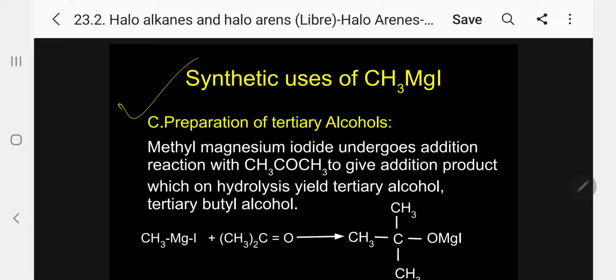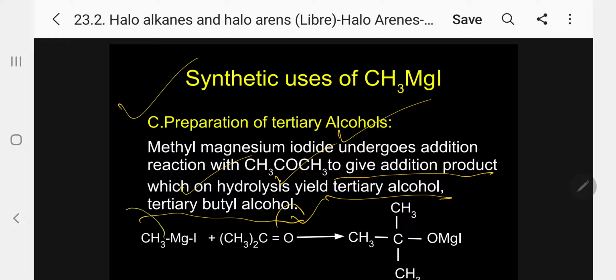Preparation of tertiary alcohol. Methyl magnesium iodide undergoes addition reaction with acetone to give an addition product which on hydrolysis yields tertiary alcohol, tertiary butyl alcohol in this case. So as usual, the double bond here is cleaved. So the adduct is forming here.